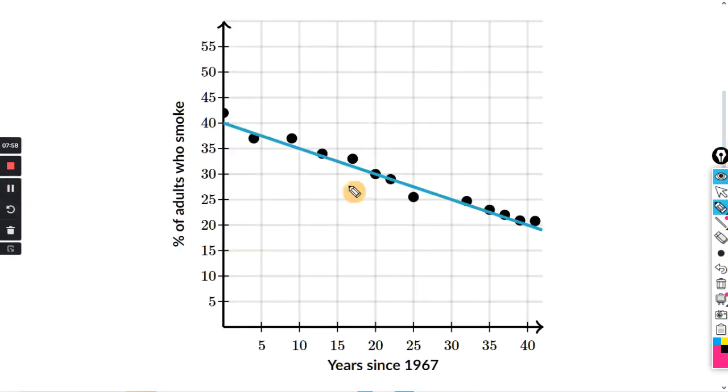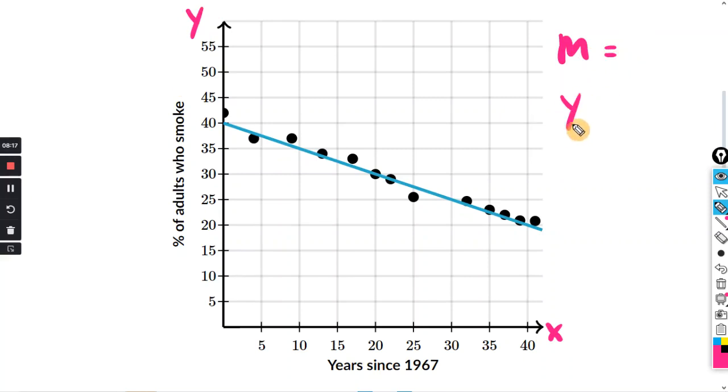All right, so once again, we have our graph and our line. The x-axis is this one right here, and the y-axis is this one right here. So let's try to get the slope m.